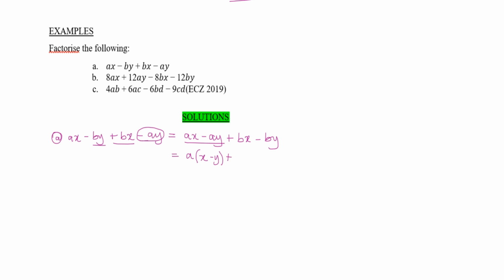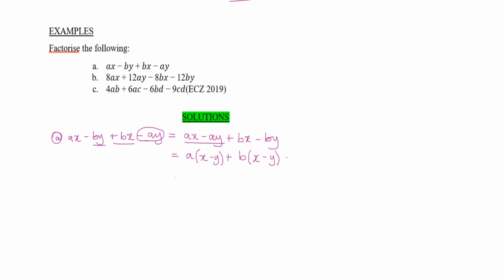We say between bx and by, the common factor is b. Then in brackets, bx minus by gives us x minus y.